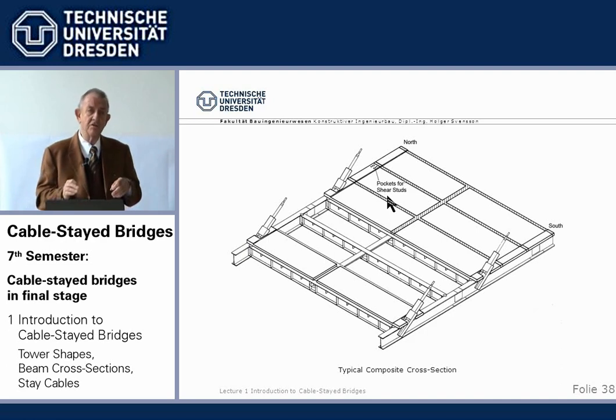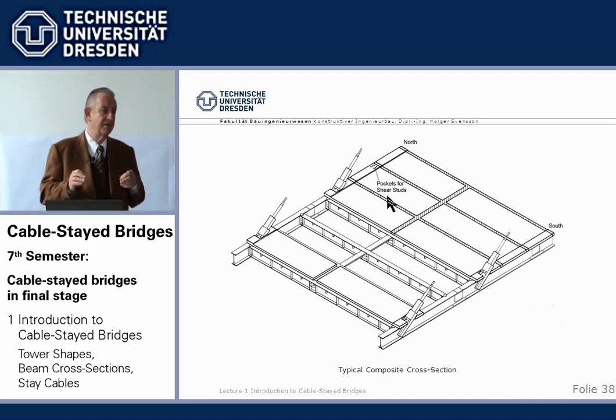There is one overriding consideration when using composite cross-sections. And this overriding consideration is to keep tensile stresses away from the concrete slab.